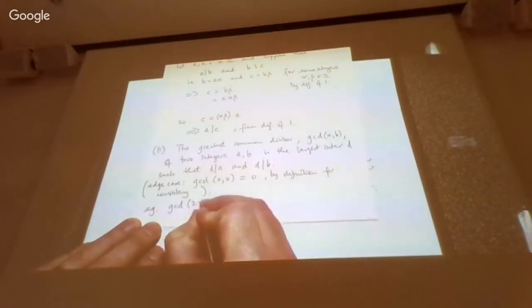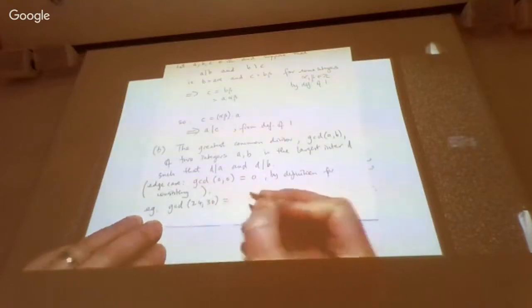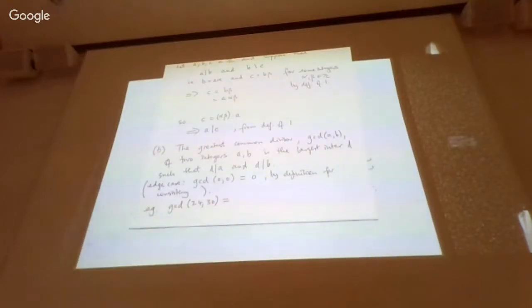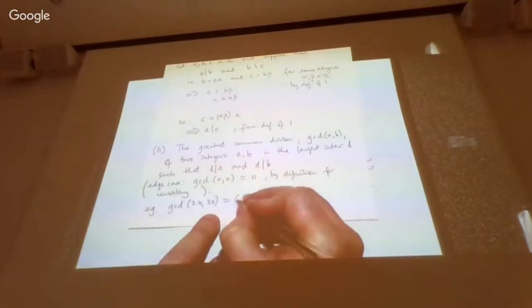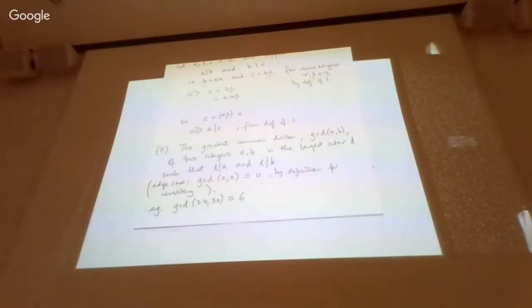GCD of 24 and 30 is six. Biggest integer that divides both.